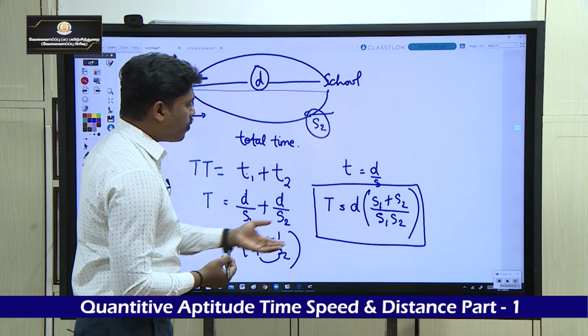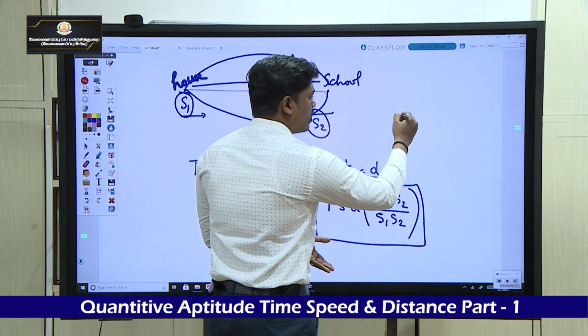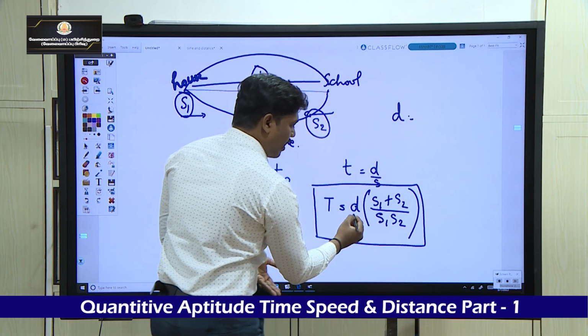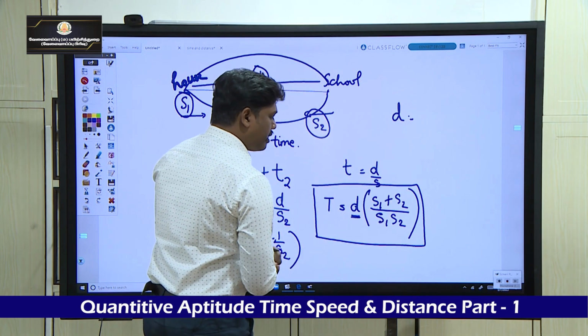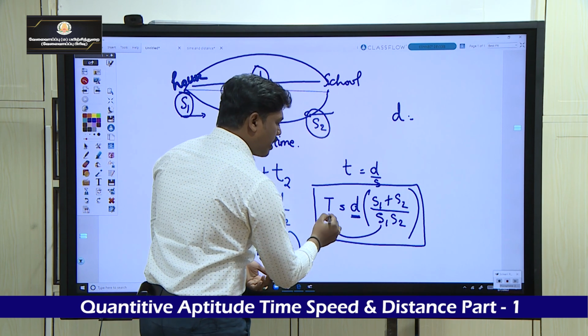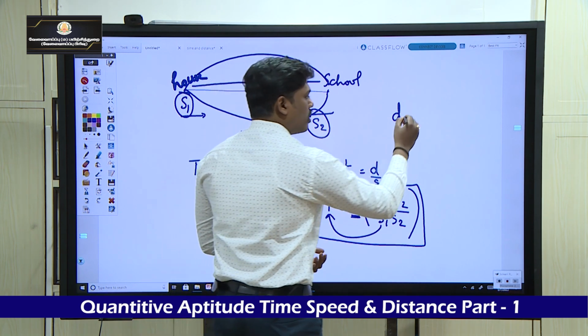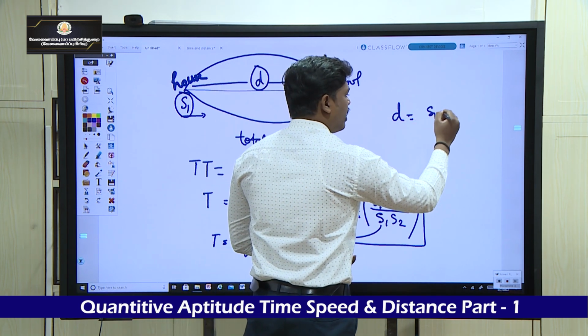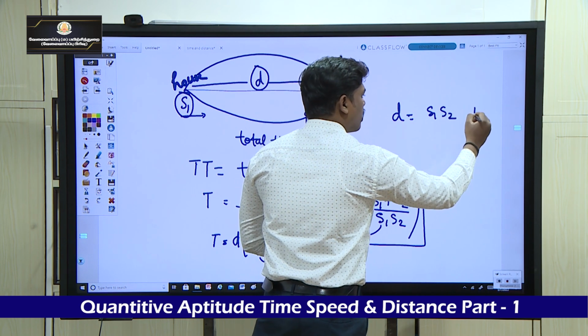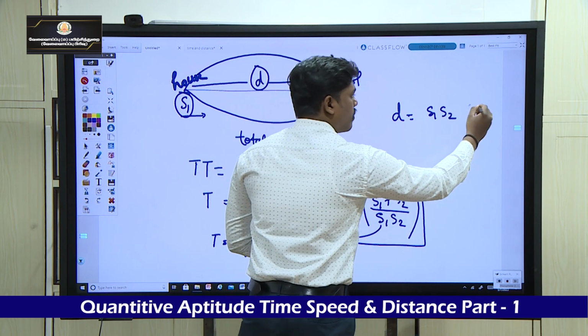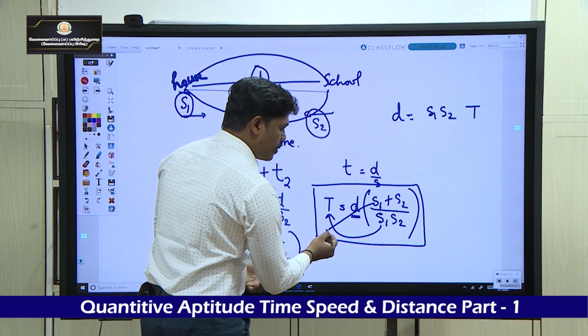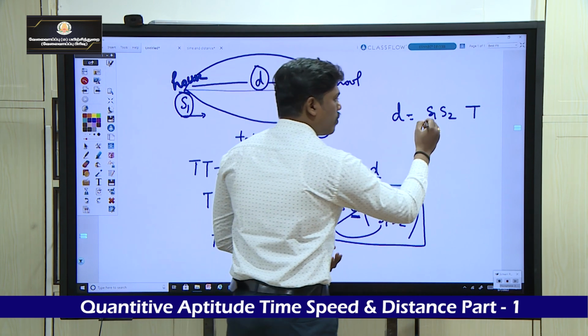To find distance, what can we do here? Distance equals S1 into S2 into time, divided by S1 plus S2.